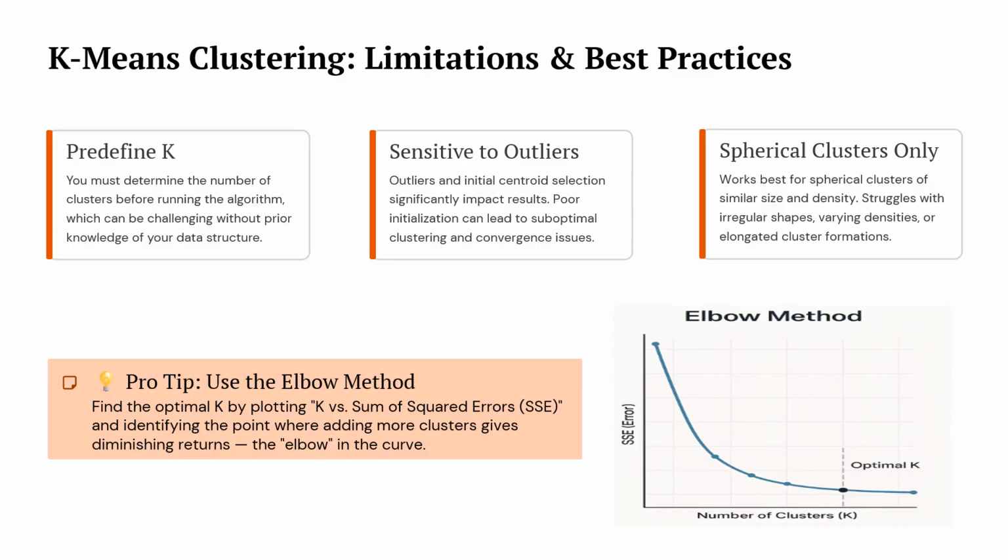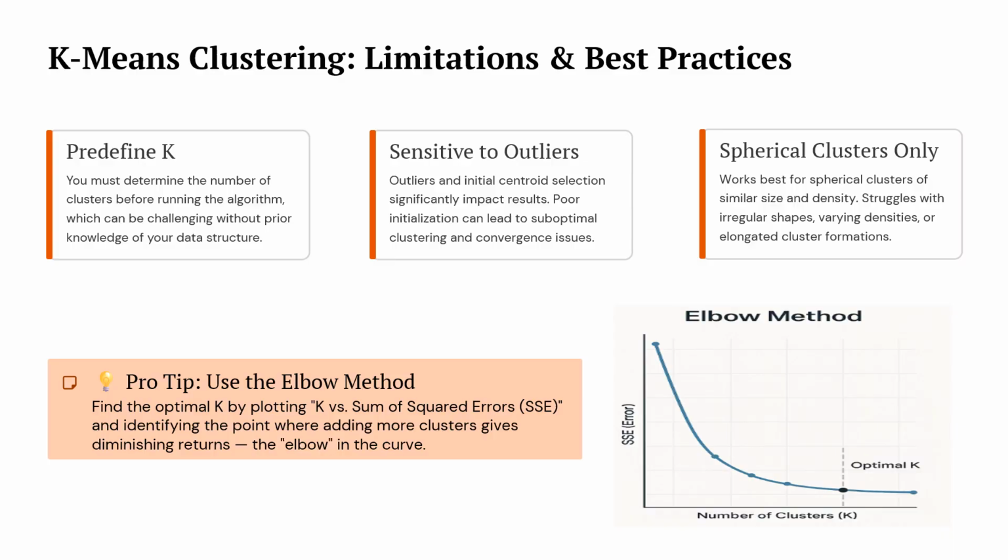That is tricky when you don't already know your data structure. Second, it is sensitive to outliers. A few extreme points or poor initial centroids can completely distort your results. Third, it assumes spherical clusters of similar size and density, so it struggles with irregular shapes or uneven data.